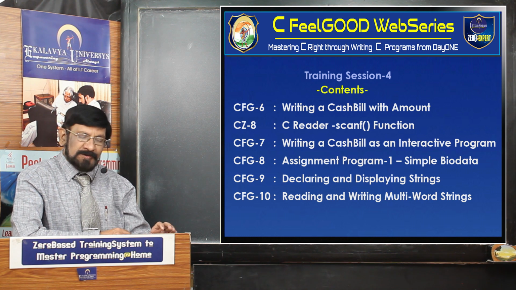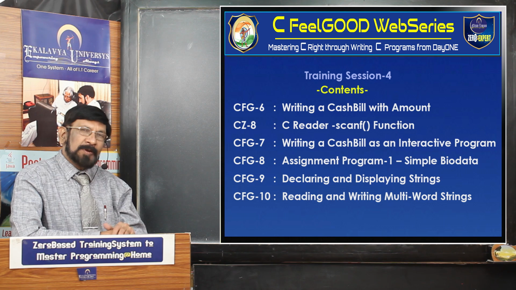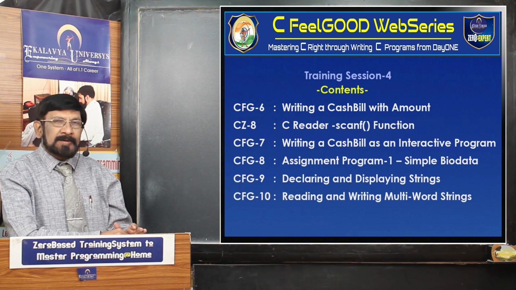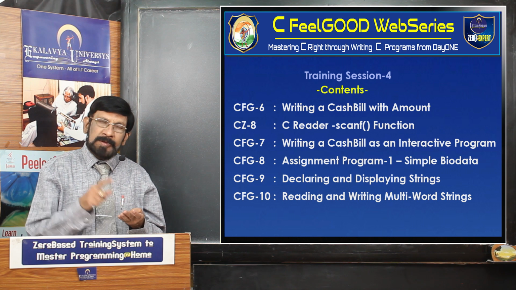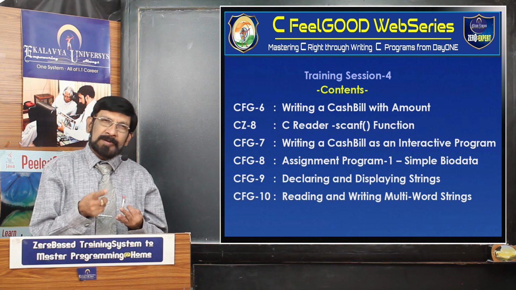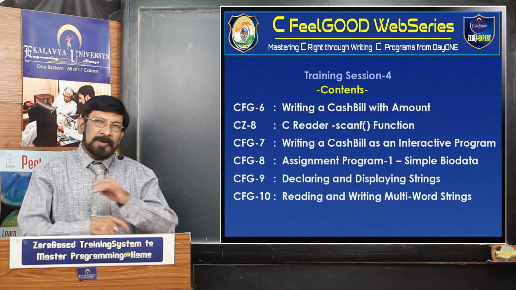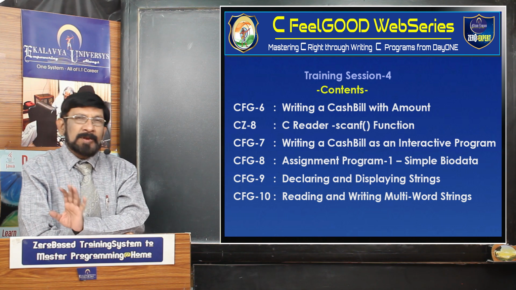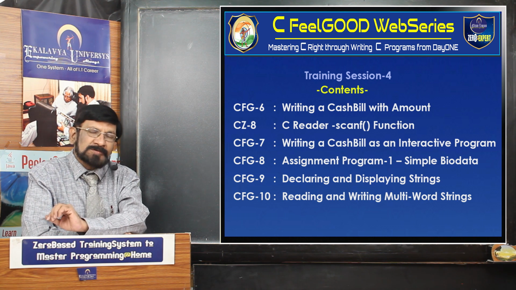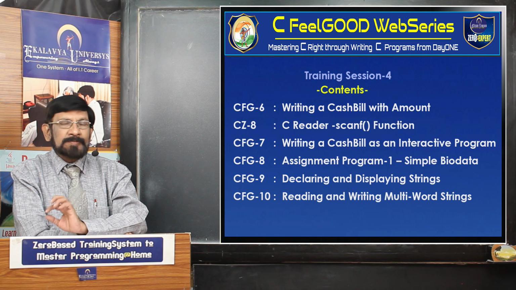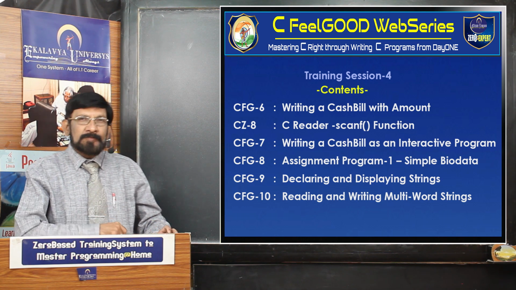That point you have to understand. So, the previous cash bill we develop as an interactive program. In that, for example, we enter the item name, the number of items, and the rate per unit. Then our program will calculate the amount, and it is processed in the program. Ultimately, the output is printed according to the format we expect.